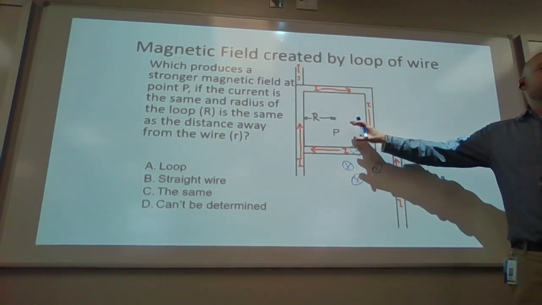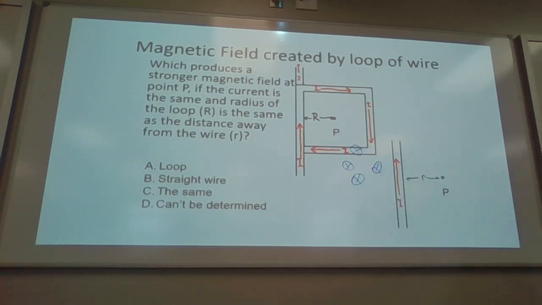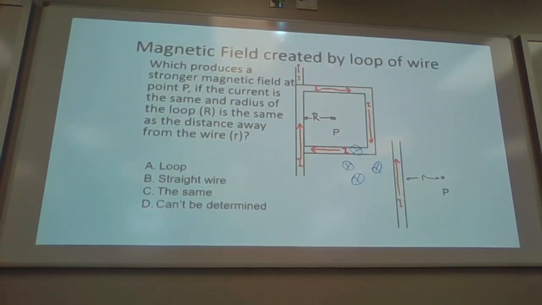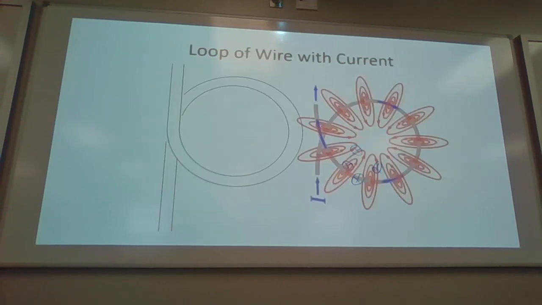So, folks, here's the deal. By putting a wire in a loop, we just increased the strength of the magnetic field by close to 4 times the strength. That's crazy. Rarely do we ever make a square loop. That's just for your ease of convenience of which side to use.